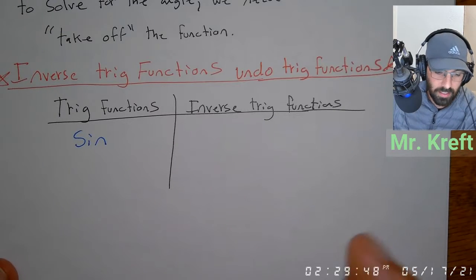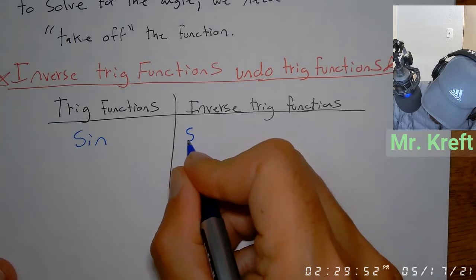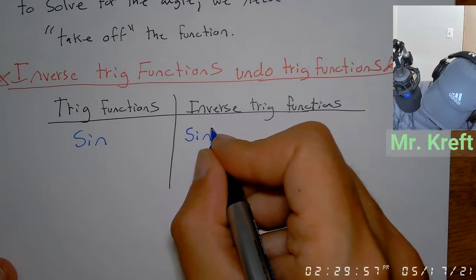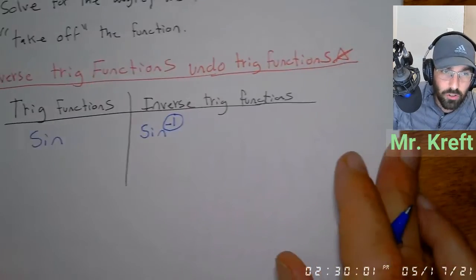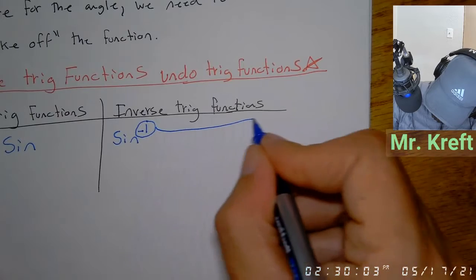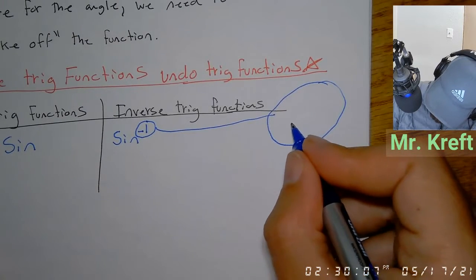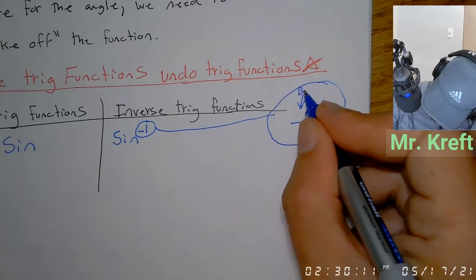Sine is a function. The inverse of sine is we write sine like this, and then above it, it looks like a -1, but I'm going to use the zoom in function on my paper here to zoom in on this, and it's not a negative. It's on the bottom.